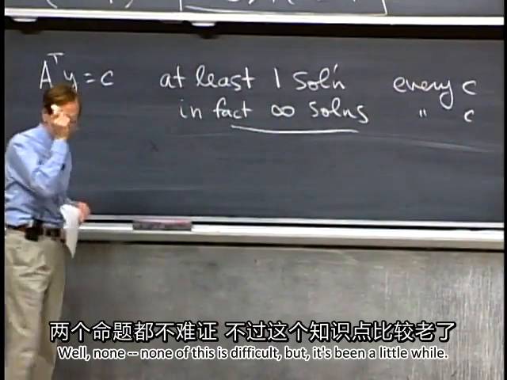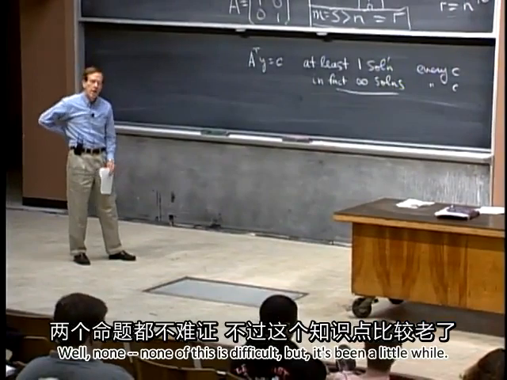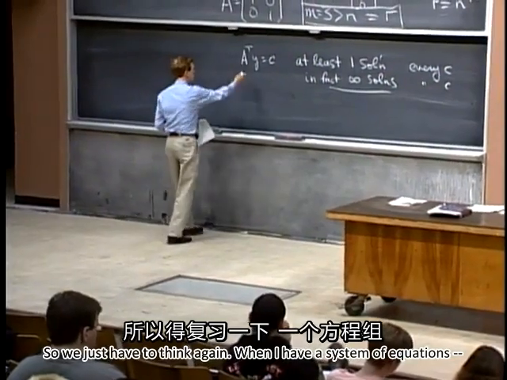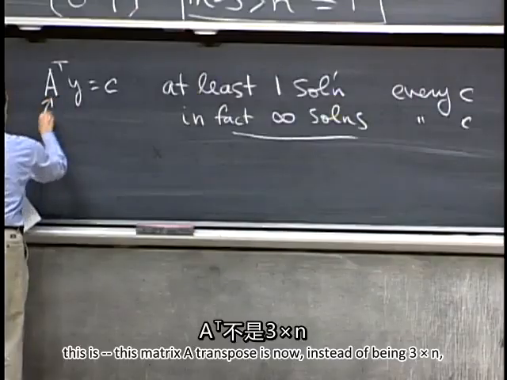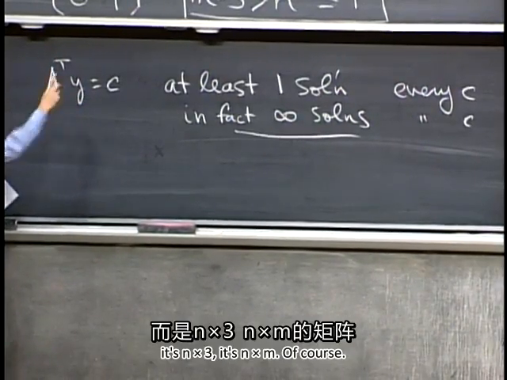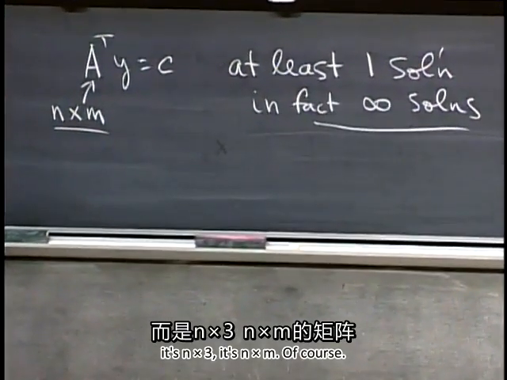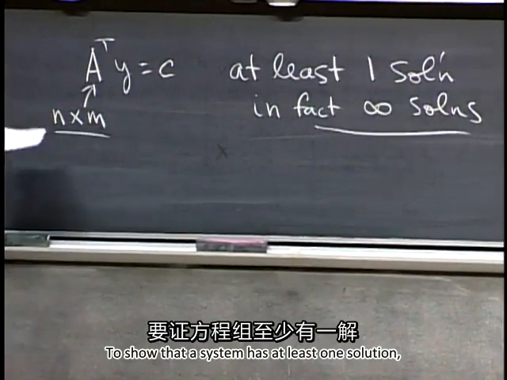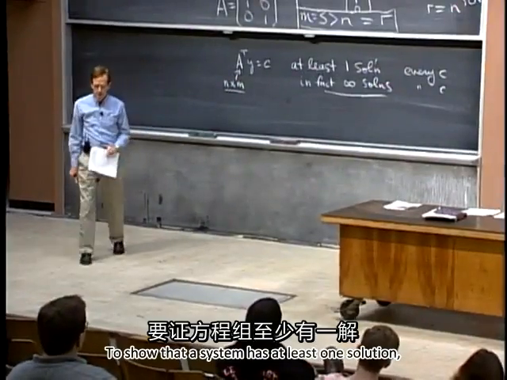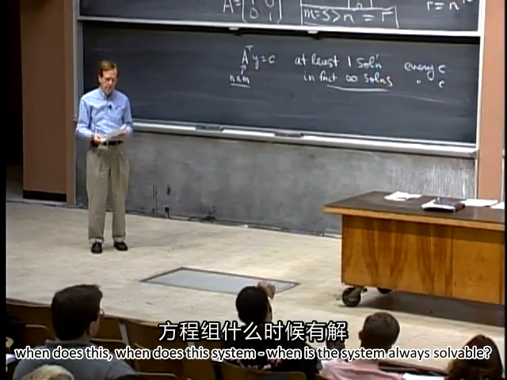Okay. Well, none of this is difficult, but it's been a little while, so we just have to think again. When I have a system of equations, this matrix A transpose is now, instead of being 3 by n, it's n by 3. It's n by m, of course. To show that a system has at least one solution, when is the system always solvable?